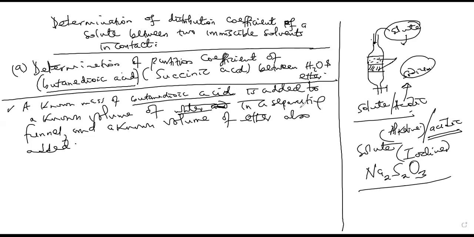After adding the solute in water and ether in a separating funnel, you start shaking the mixture. Why shake it? Because we want equilibrium to be established between the solute and those solvents in which it is being dissolved.